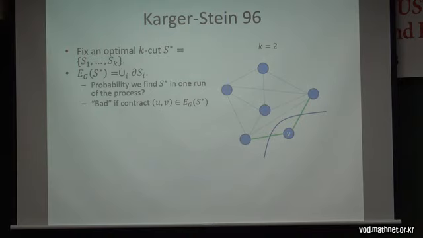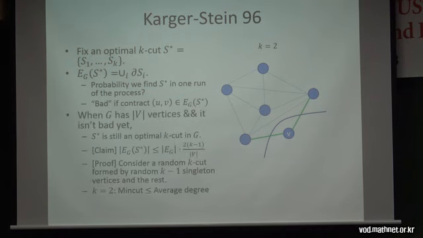The process contracts many edges, and I'm going to say the process becomes bad if it contracts an edge uv that crosses S star, because if we contract a crossing edge, then it is never going to output S star.